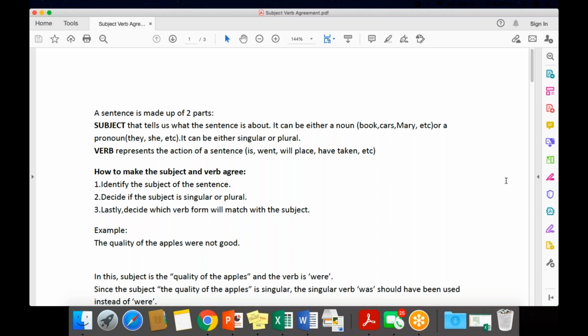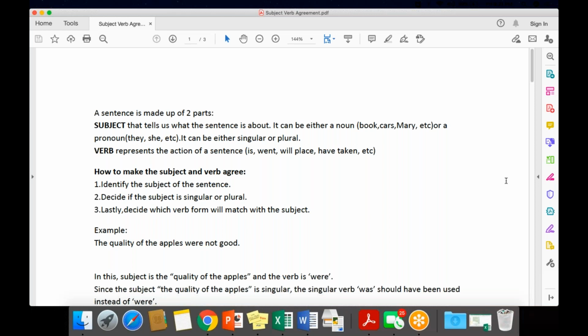Just to quickly reiterate, we all know that subject could be anything about which the sentence is talking about, right? This could be a noun, this could be a pronoun, and this particular noun or pronoun could be both singular or plural. Similarly, verb we all know is the action word of the sentence. We all have studied this basic definition in our schools, what is subject, what is verb.